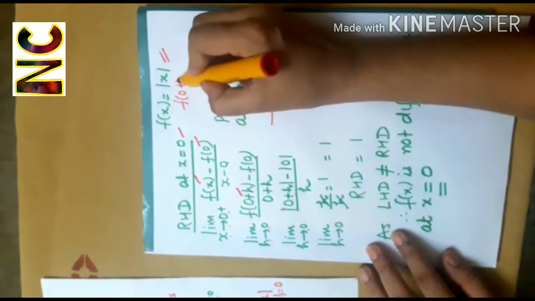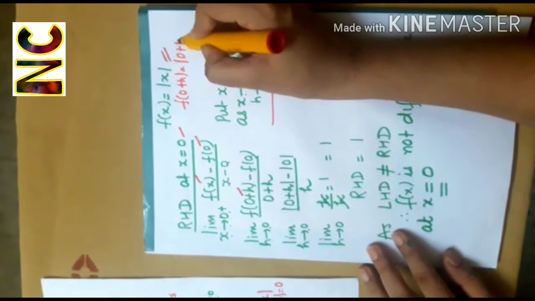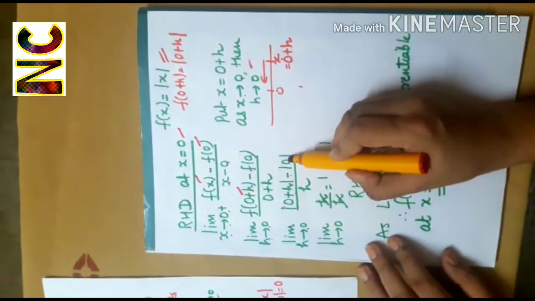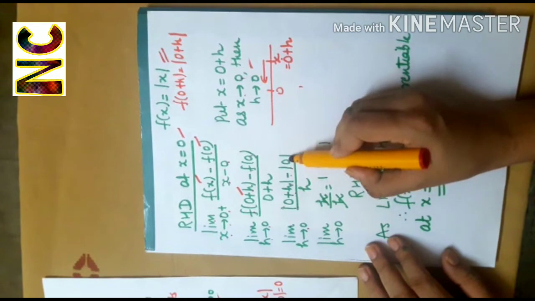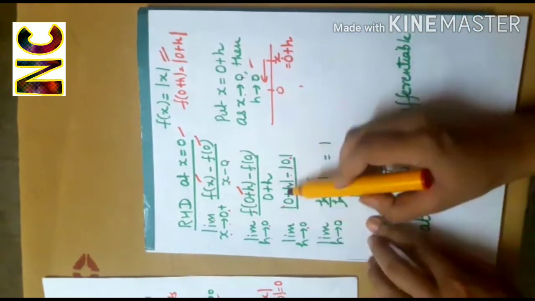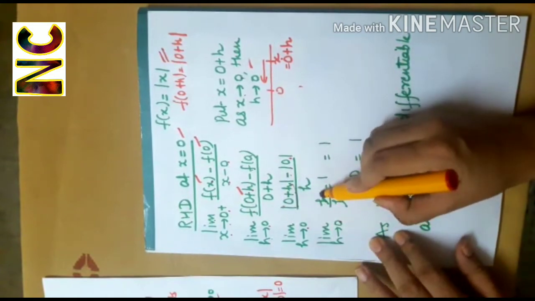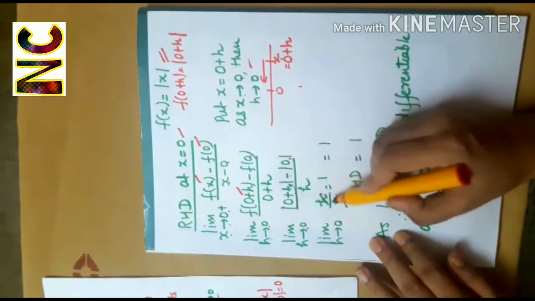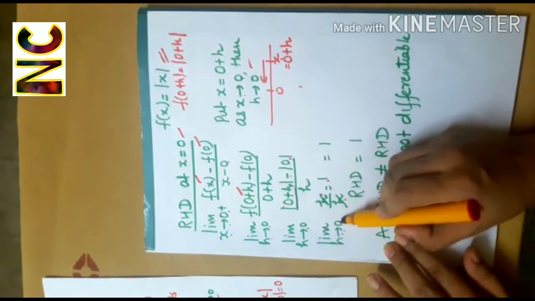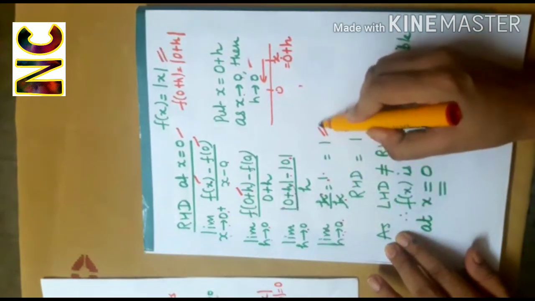It is the limit as h tends to 0 of the absolute value of 0 plus h, because f(x) is the absolute value of x. So f(0 plus h) will be the absolute value of 0 plus h, minus f(0), which is the absolute value of 0, which is 0. So I'll get the limit as h tends to 0 of the absolute value of h, which is h, over h. This will give you 1. So the limit as h tends to 0 of 1 is 1.